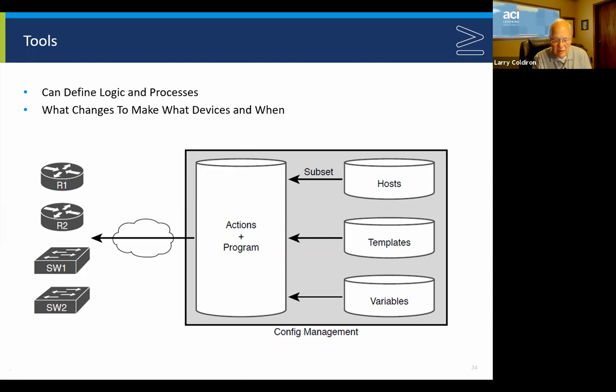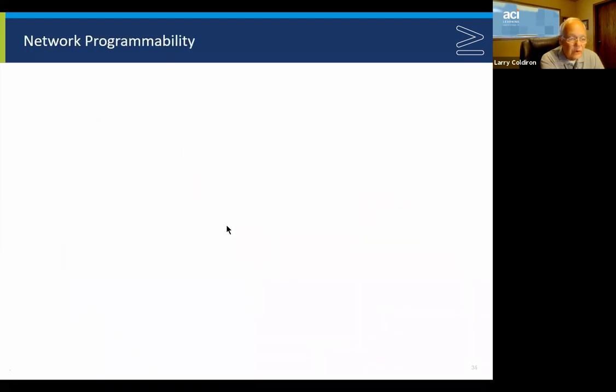The variables, the templates, the actions, and the programs. Eventually, we're going to be able to go someplace, get the information, put that information into a database, store the information someplace, and then process it, templates, then take that information and use it in the programming to increase the automation that's going to be available with our devices.